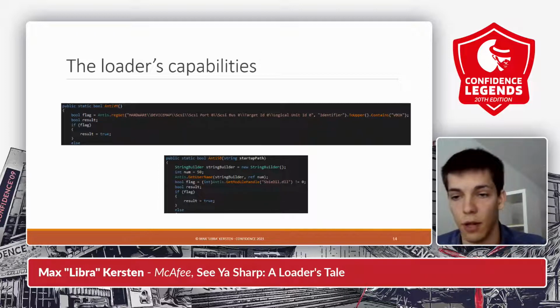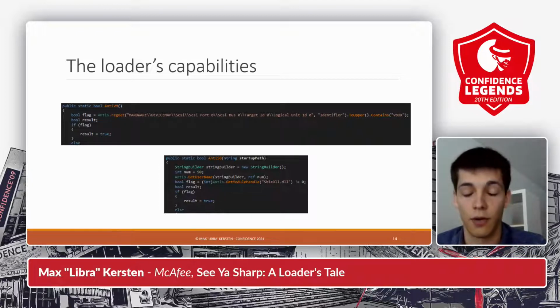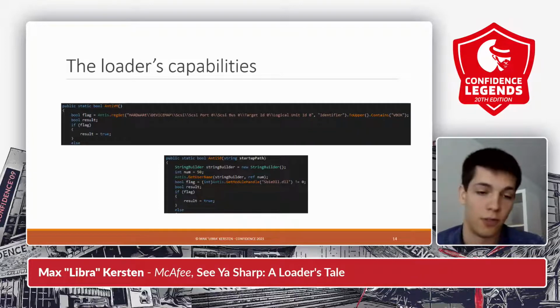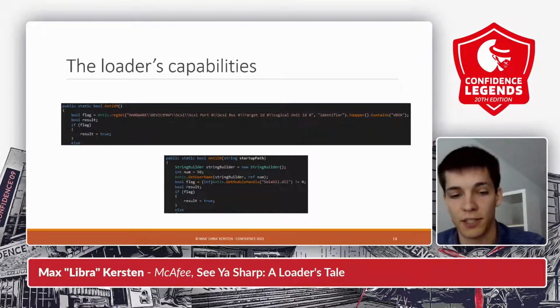And it does so for a lot of different vendors and other tools that you generally encounter on virtual machines and not on a normal machine. In case any of these checks returns present, it returns true. And as we saw in the previous screenshot, the program exits.